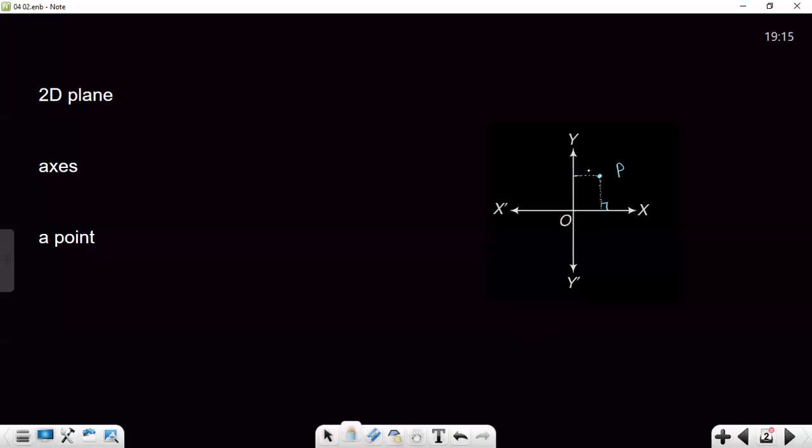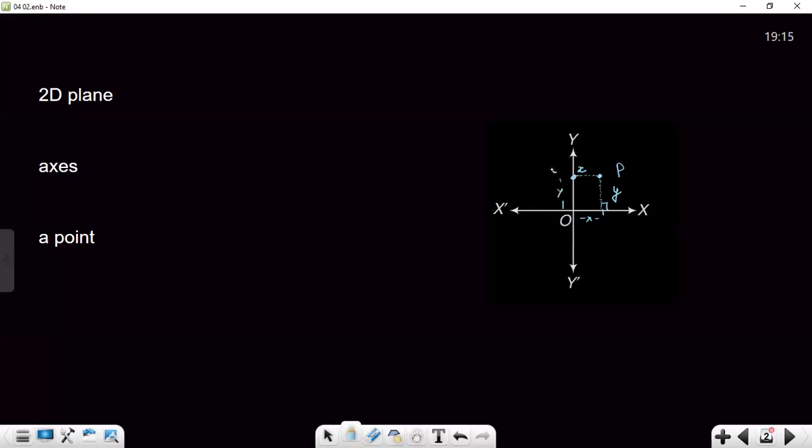Let's call this distance, which is going in the horizontal direction, small x. And this distance, going in the perpendicular, vertical direction, is y. So we may call this much distance also x, and this much distance y.